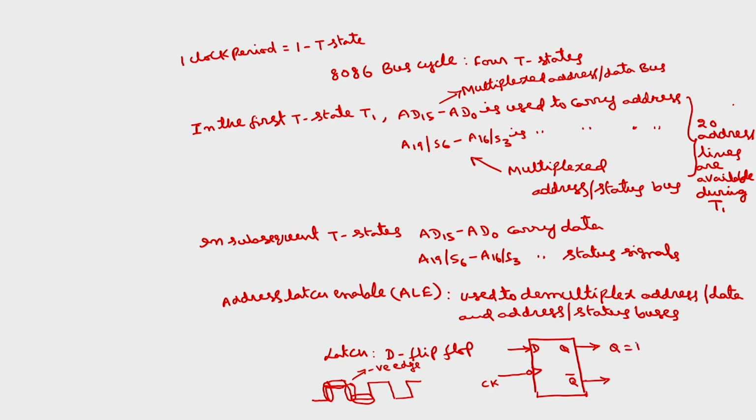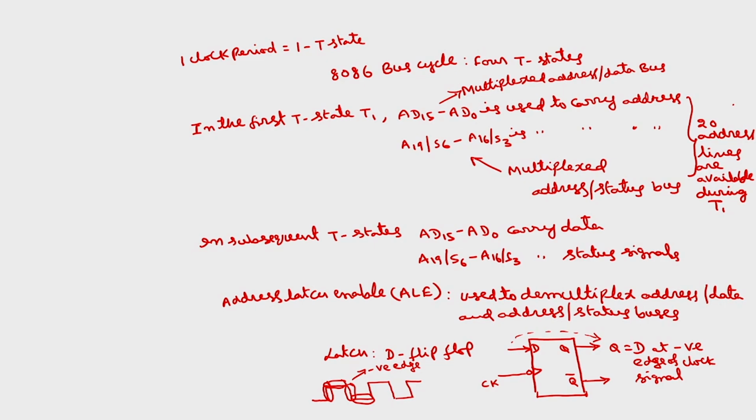Q becomes simply D. So output is equal to input. This is called latching of the input information. The only condition for latching the data onto the output is that the clock has to change from 1 to 0, which is the negative edge.